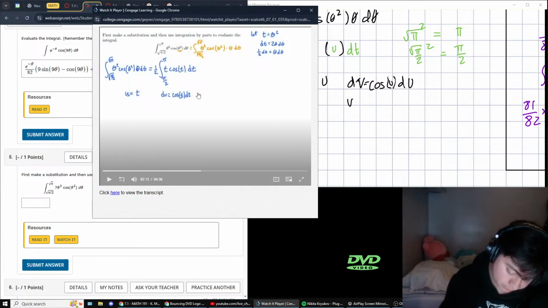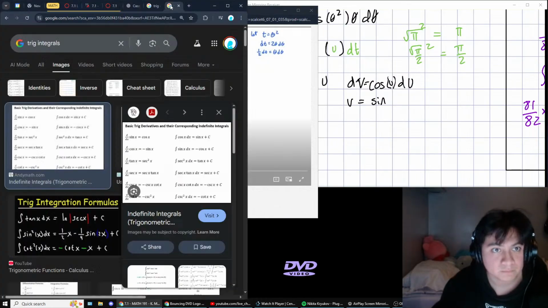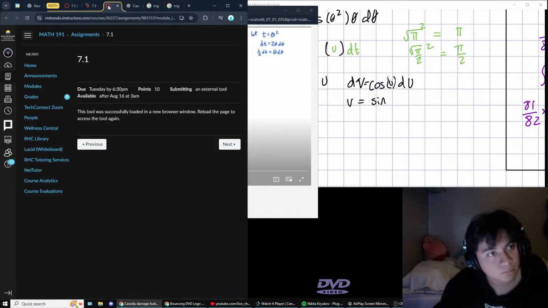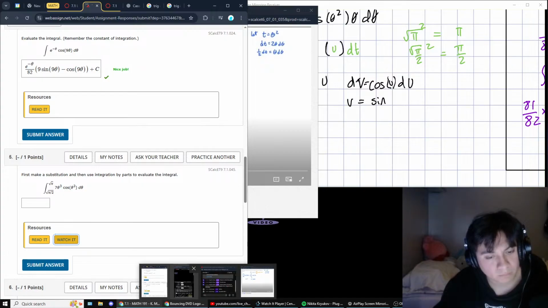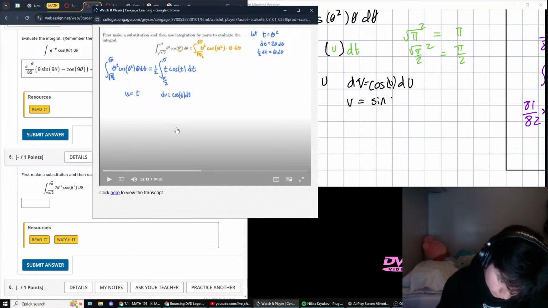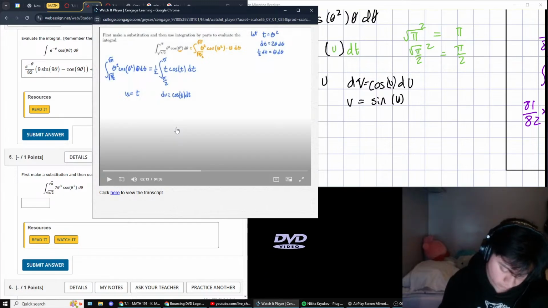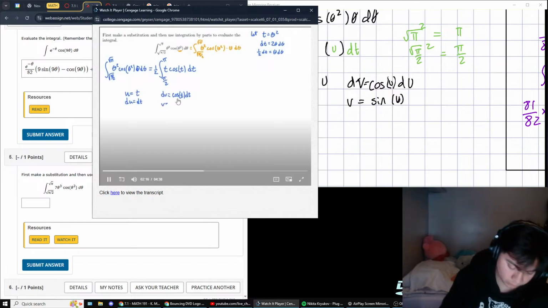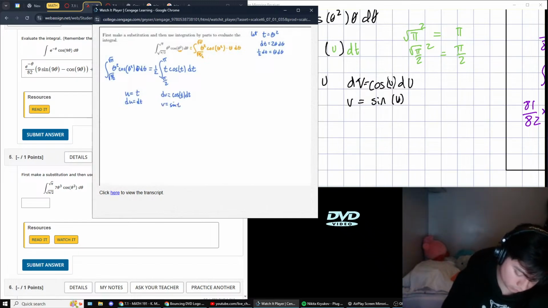And then that becomes v is equal to sine. So du is just dt, and v is just sine of t.